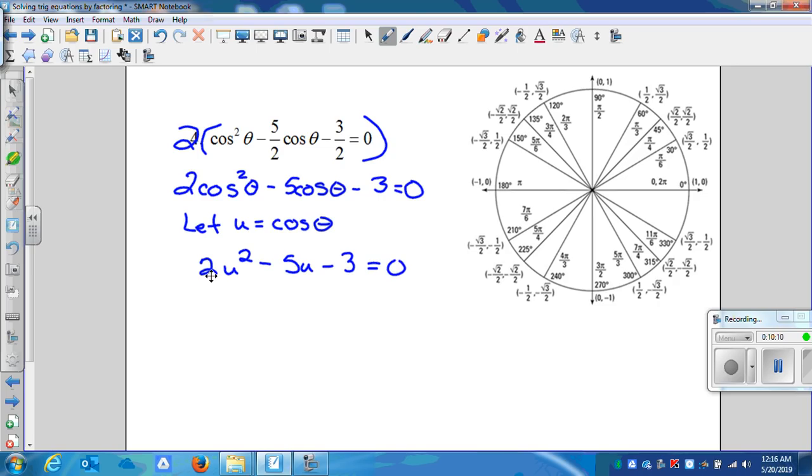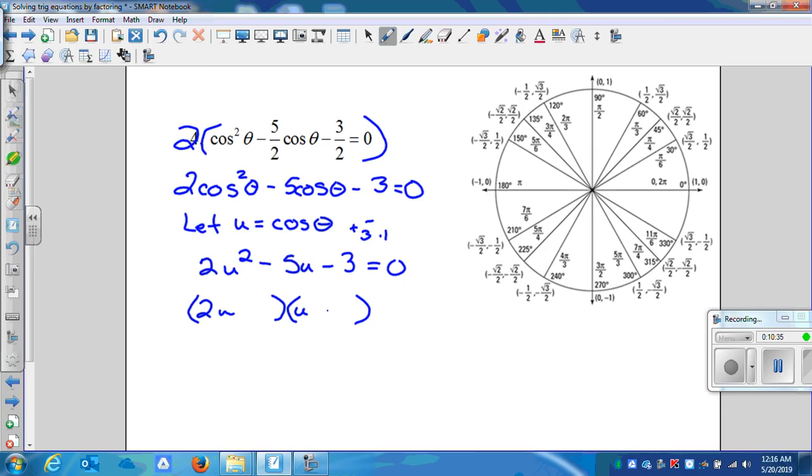If you have a coefficient of 2, it's relatively simple to factor using guess and check. 2u squared can be broken into 2u and u. And I noticed my last term is made from 3 times 1. But I also know that because the last term is negative, I need a positive and a negative. And I'm not sure which one I need. However, I need more negatives than positives to make this middle term.